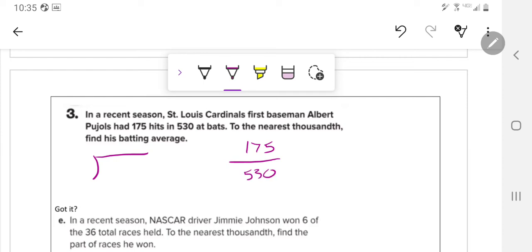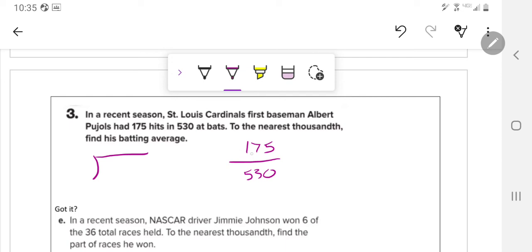And it's asking us to find the batting average, which is really just a decimal version of that fraction, but without the decimal. So if you don't know much about baseball or haven't heard of batting average, then you would be pretty lost at this. But you could always Google, how do I find someone's batting average? Or what does a batting average mean? All right.